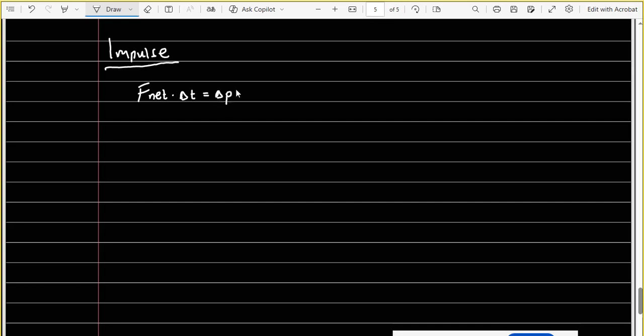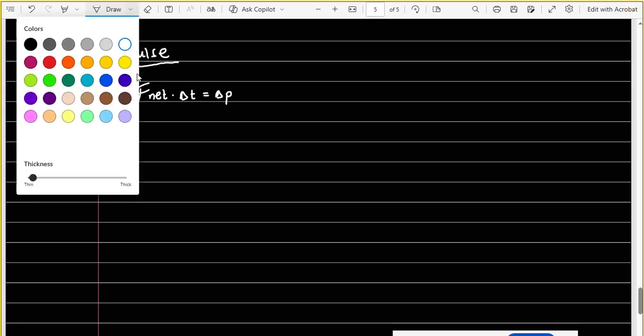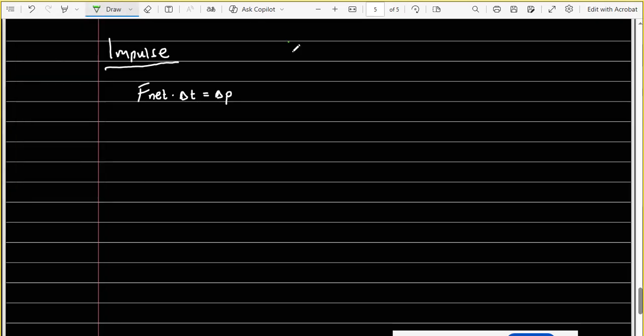F net is your net force, in newtons, and delta t is the collision time. And this is your change in momentum.